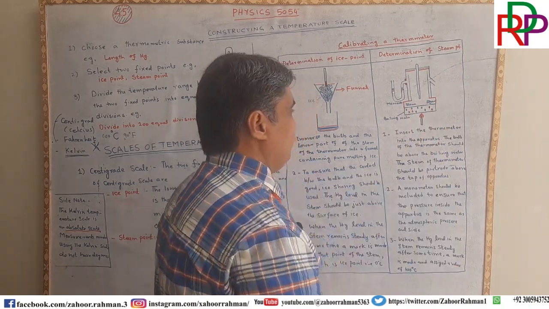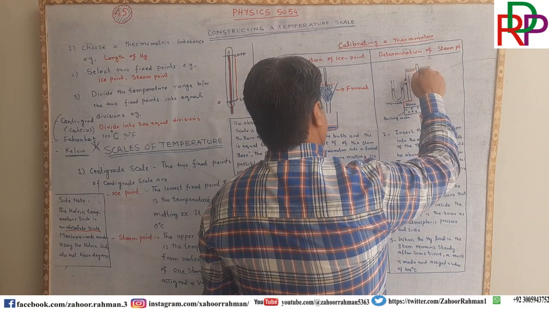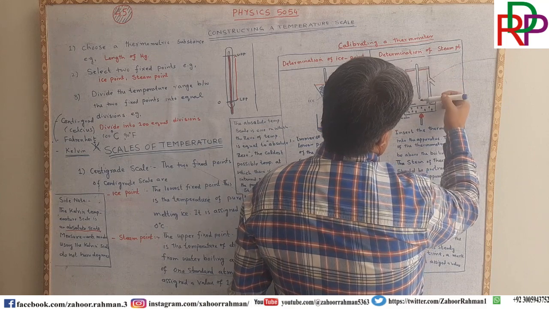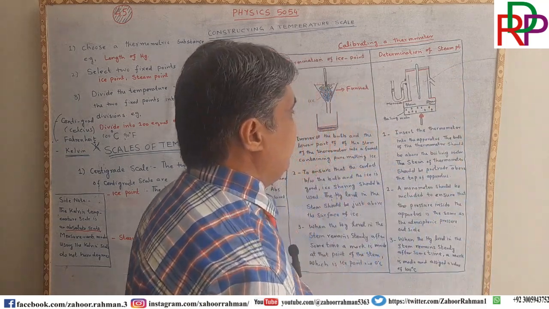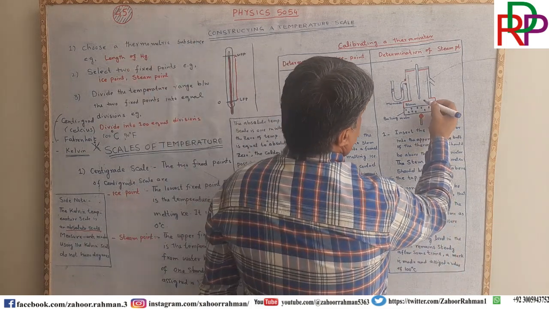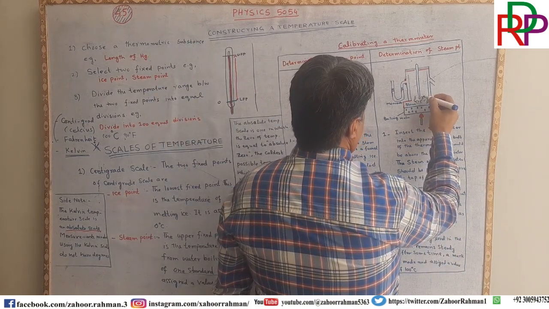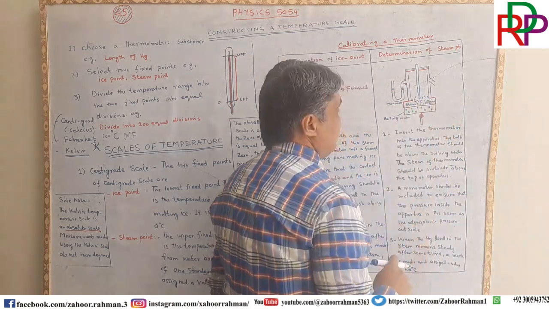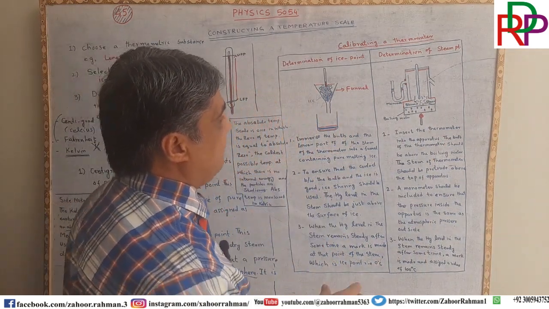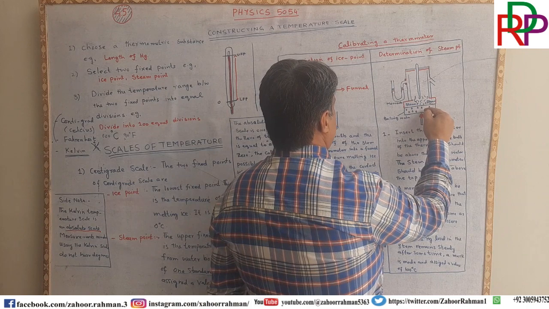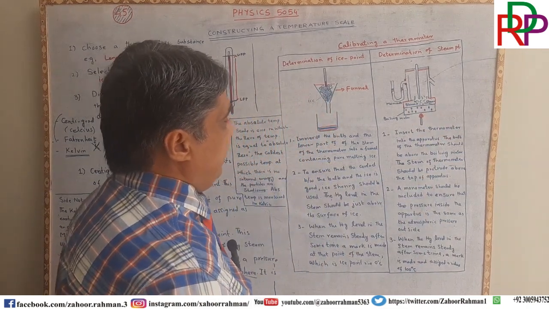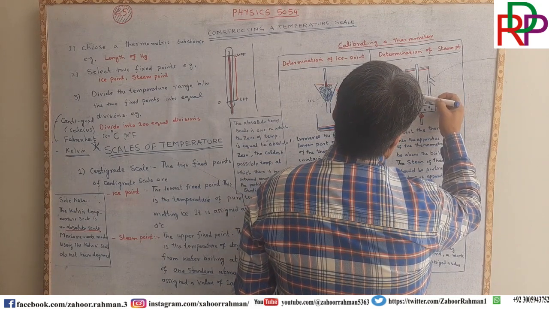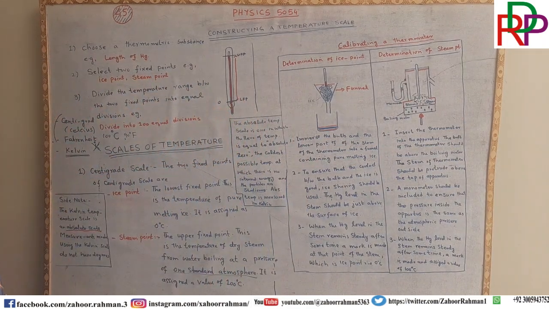But before that, there must be a thermometer, and it will be hung, and it will not touch this container. It must be above, and there must be steam here. So I am writing steam on this side, and on that side of the container there will be steam produced by this boiling water, and this bulb and stem will be somewhere immersed inside this steam.